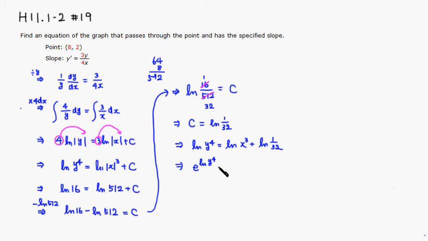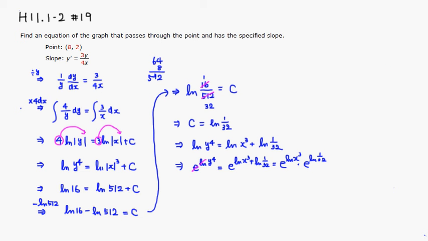Here e and natural log cancel out, and on the right we can split into e to the natural log of x cubed times e to the natural log of 1 over 32.